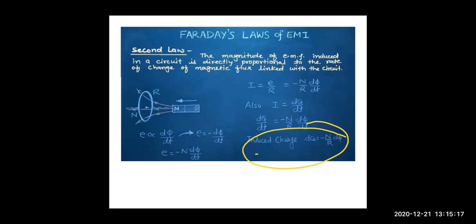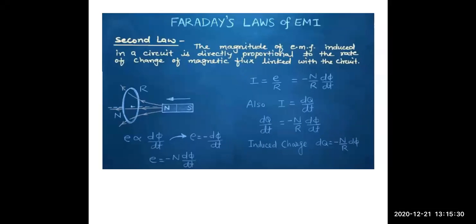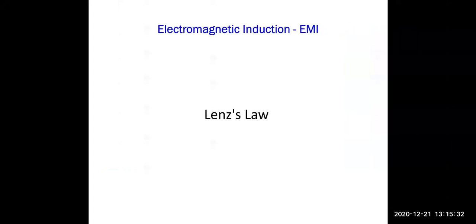That is only the induced charge. But induced current depends upon the rate of change of flux, that is, how fast your flux will change. Right, children? So this is Faraday's second law, which tells you about the magnitude of the induced EMF.